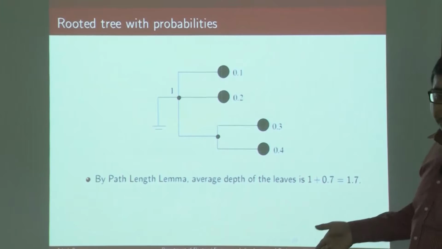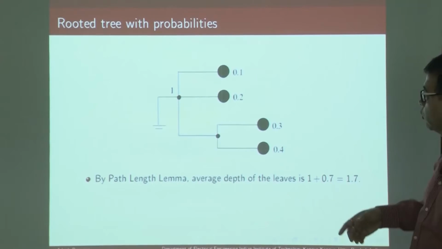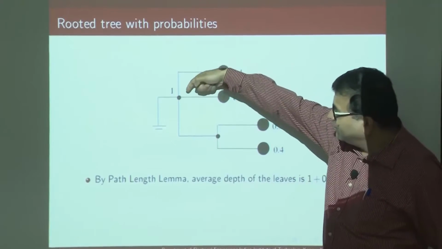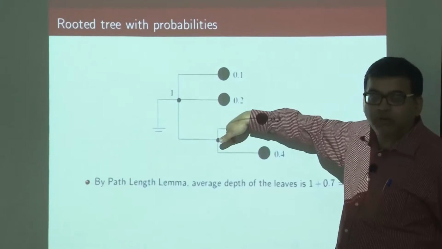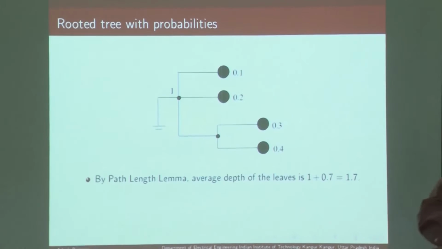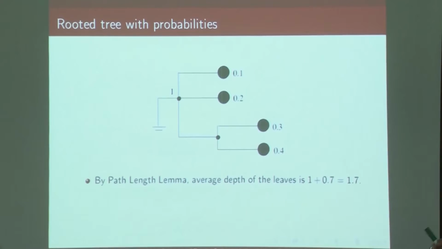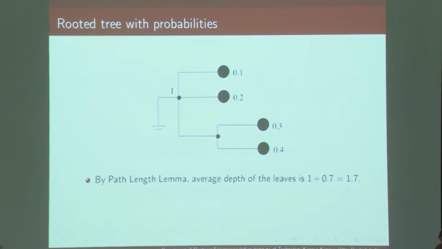It says add up the probability of all nodes including the root node. This is the root node and this is a non-root node. It has probability 1, this has probability 0.7. We get 1.7, which is what we got by brute force, correct? So if you want to find the average depth of the leaves, you can just add up the probabilities of the nodes. Is this clear? Okay.